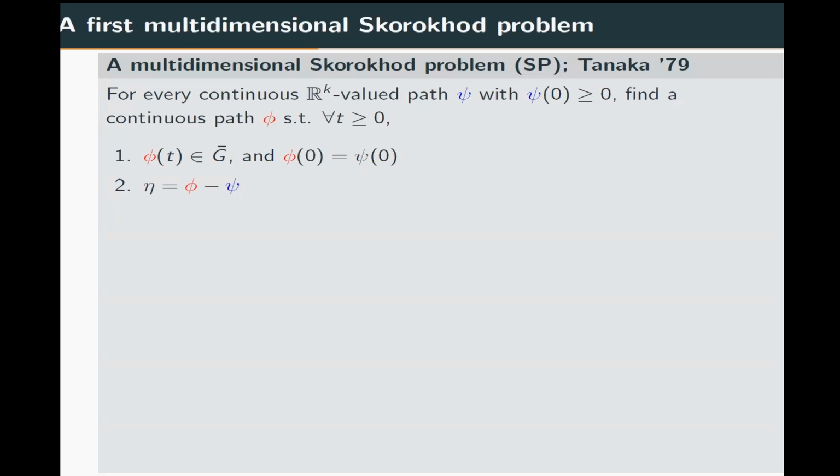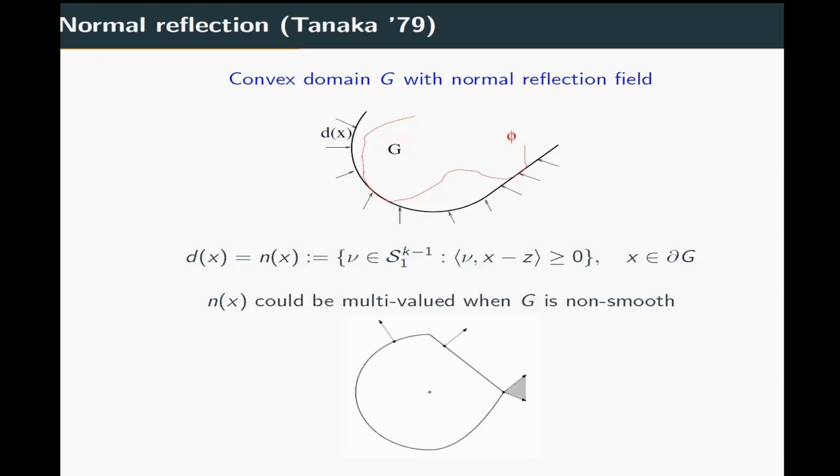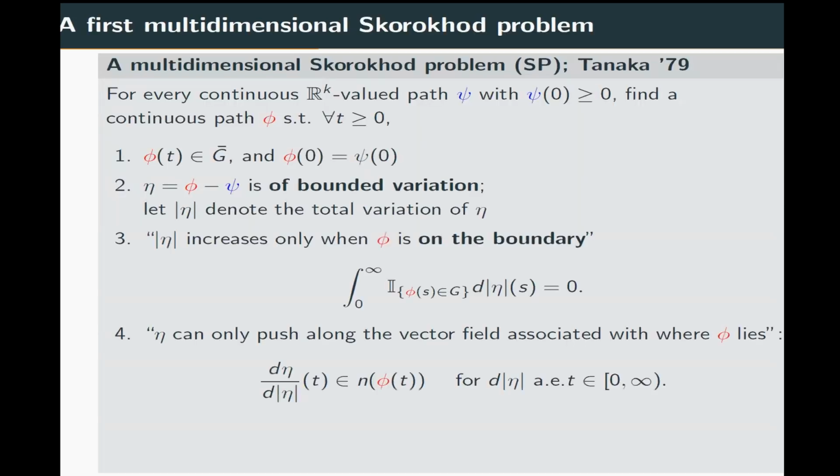So a somewhat arbitrary decision, or not quite arbitrary, it has some value, is to assume that eta, this pushing process, is of bounded variation. Then I can denote by |eta| the total variation process associated with eta. I say this total variation process can only increase when phi is on the boundary, just like my eta could increase only when my phi was at 0.